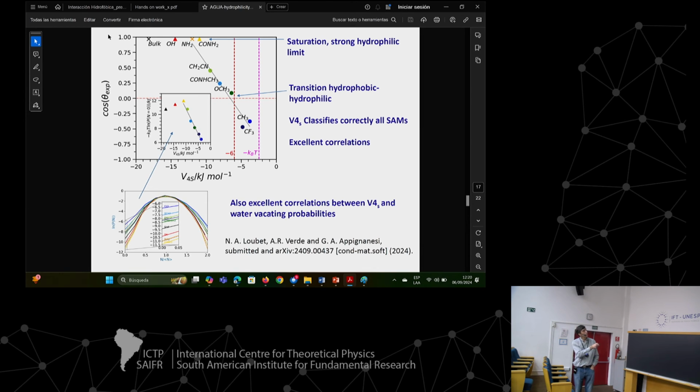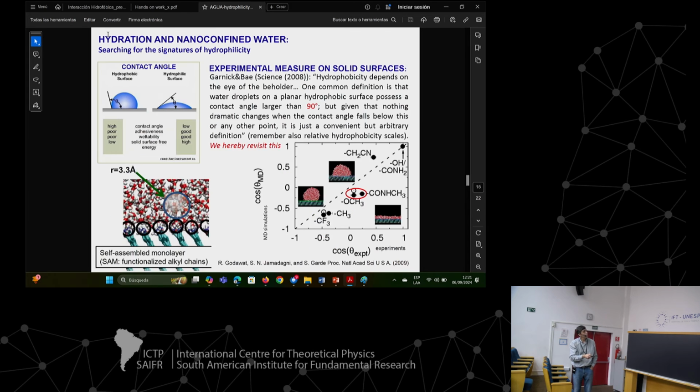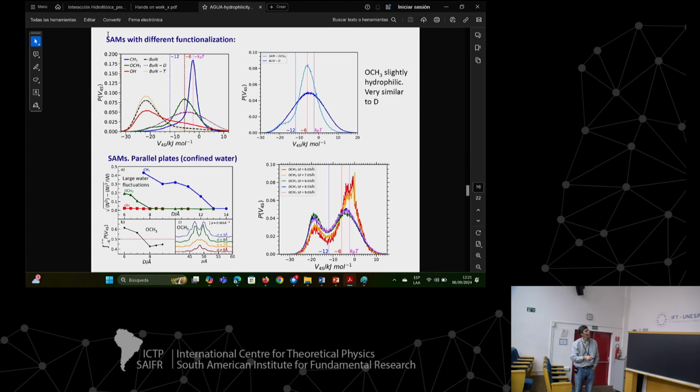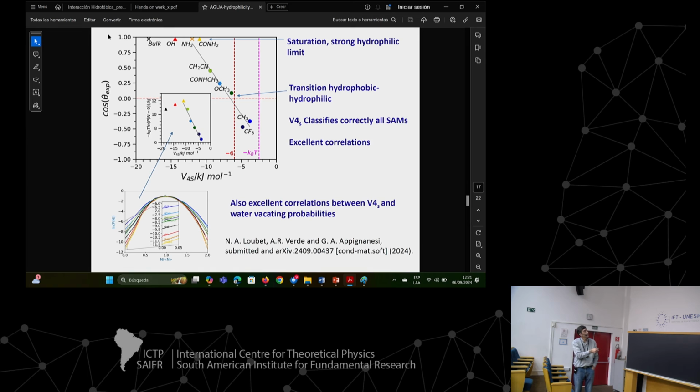This is also the correlation with the probability of cavity creation, P of n equals 0, which you remember is proportional to the work of water removal, and these are the values of B4S as compared with this calculation from the group of Garde, which I showed you before. The calculations, not the contact angle, but the calculation they did over these kinds of surfaces of the probability of cavity creation. And the accord is excellent here.